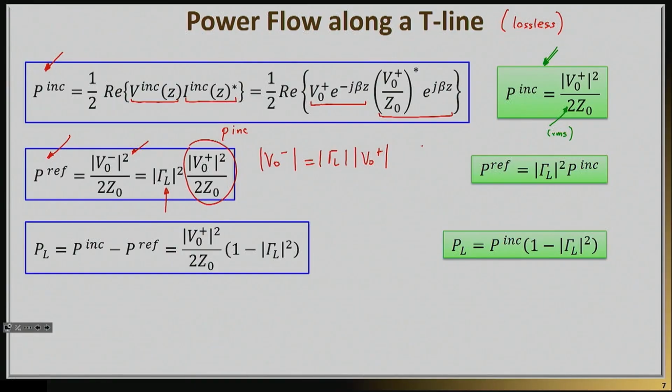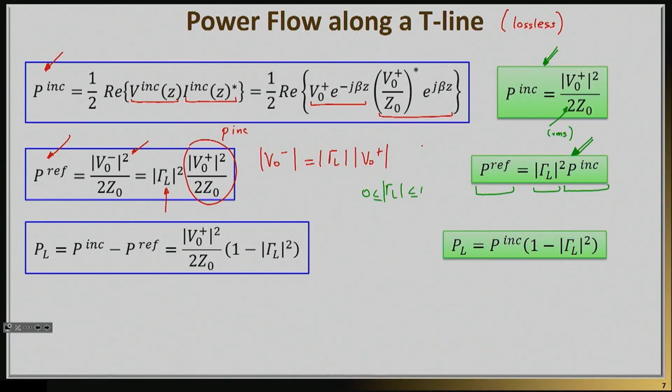So that gives me the equation that you see right here, which is an incredibly intuitive, incredibly beautiful equation that allows you to very quickly express the reflected power as a function of your incident power times the magnitude of gamma L squared. That should be really the main argument of what I mentioned before, that the magnitude of gamma L for passive loads has to be between 0 and 1.